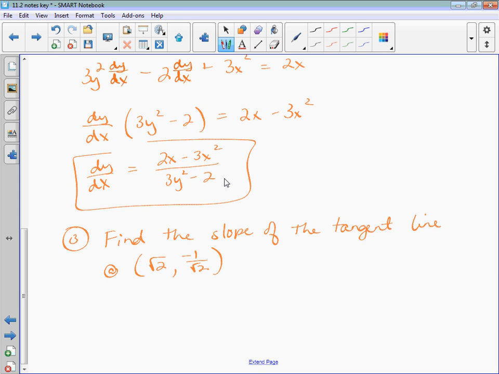This has nothing to do with sine or cosine or unit circle or anything, okay? 4x squared plus 4y squared equals 4.